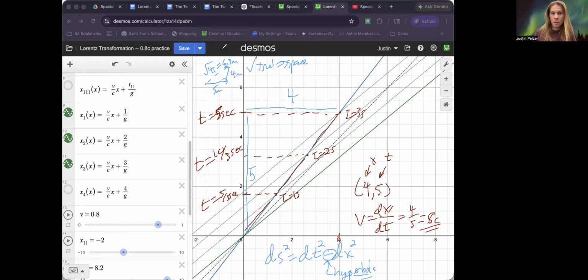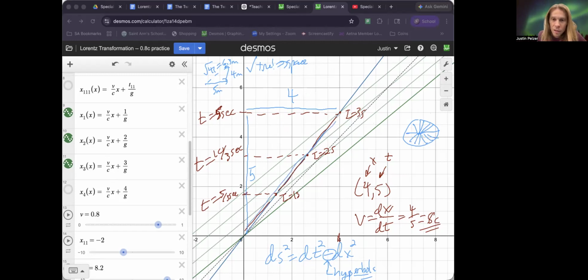Not a circle. It's not a radius of a circle where you have x squared plus y squared equals z squared. We're not doing that. There's no circle here. It's a hyperbola. The point is, this is 5, this is 4.